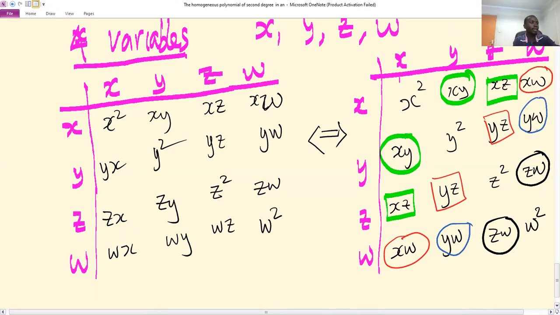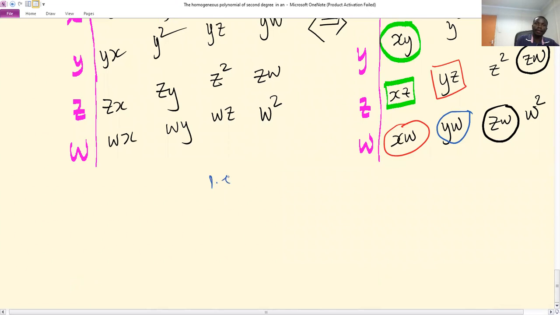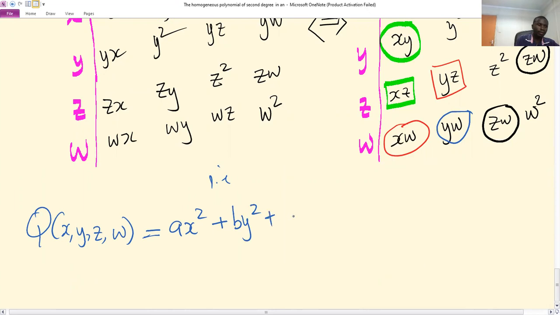So that's why we say that Q of x, y, z, w, i.e. quadratic form in x, y, z, and w is written as, so you take a scalar multiplied by x squared, take a scalar multiplied by y squared, take a scalar multiplied by z squared, take a scalar multiplied by w squared, take a scalar now, because now each of these mixed ones are 2 of them.